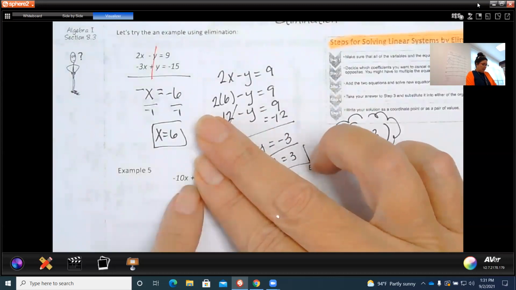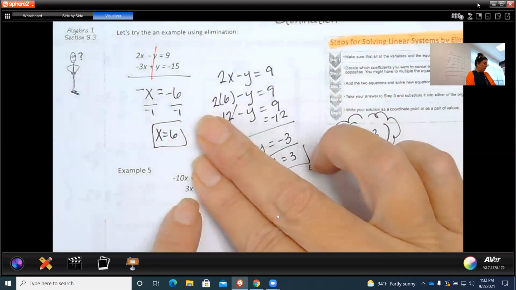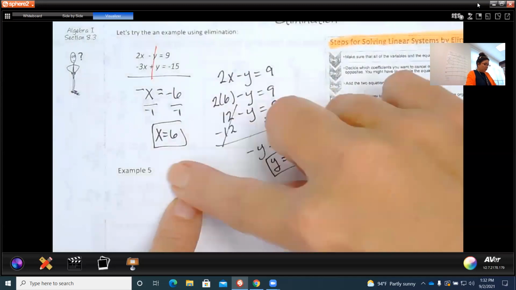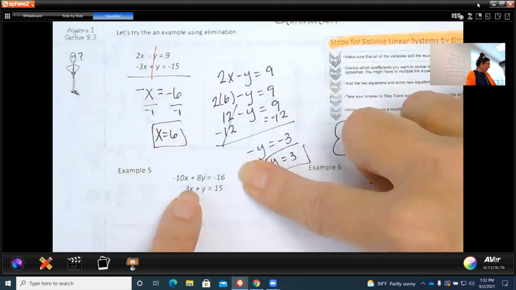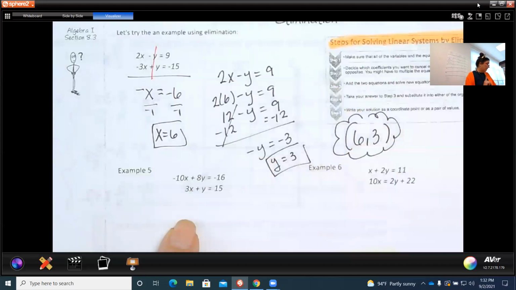Could I multiply negative 10 by something to get it to be negative 30x? 3. Could I multiply 3x by something to get it to be positive 30x? 10. So if I multiply the top equation by 3 and the bottom equation by 10, then my x's will cancel. I could do that.